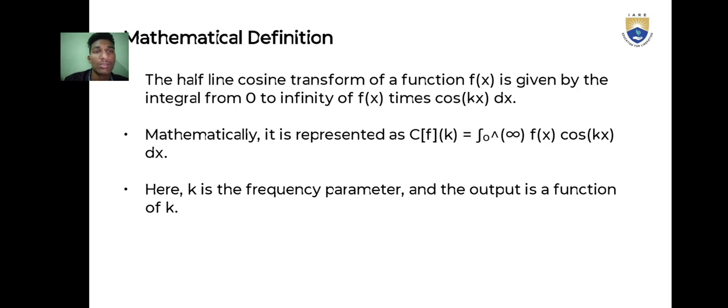Mathematically, it is represented as F_c of k equals the integral from 0 to infinity of f of x cos of kx dx. Here k is a frequency parameter and the output is a function of k.